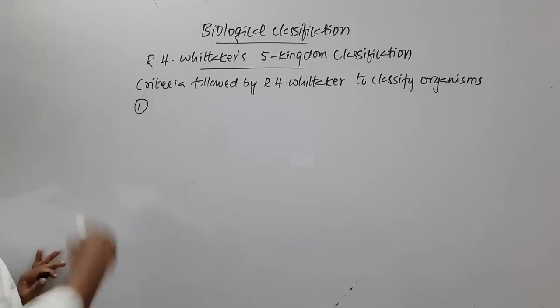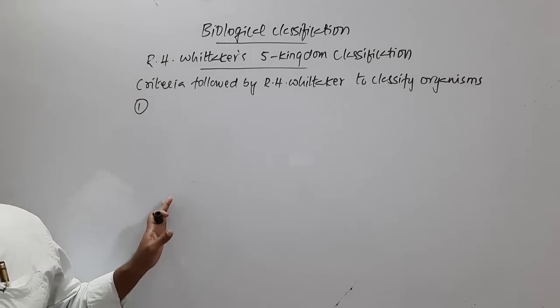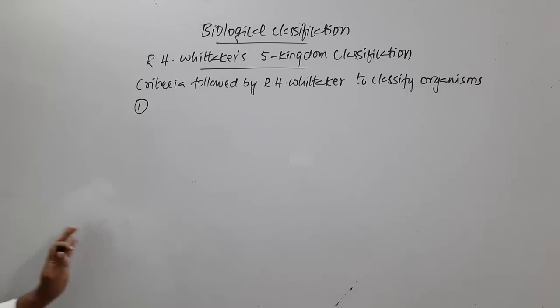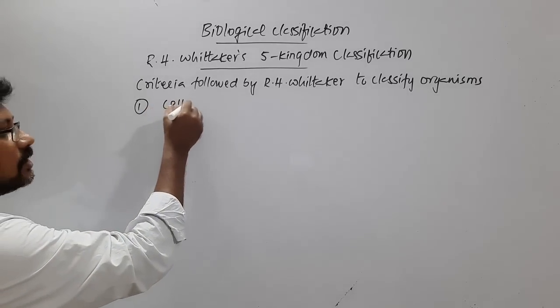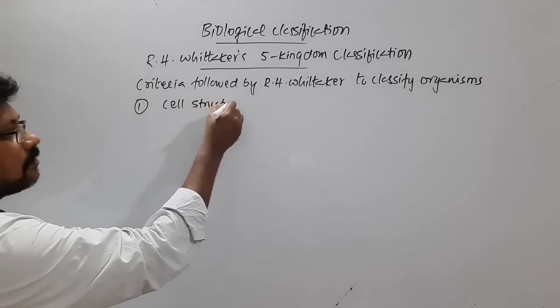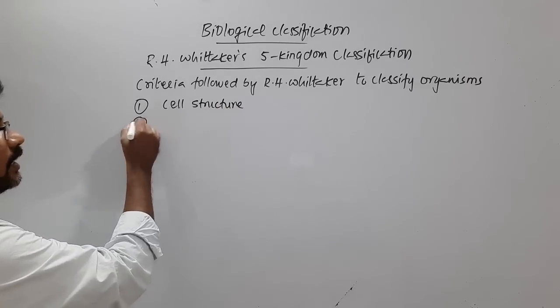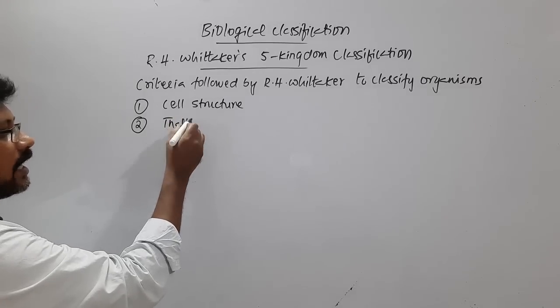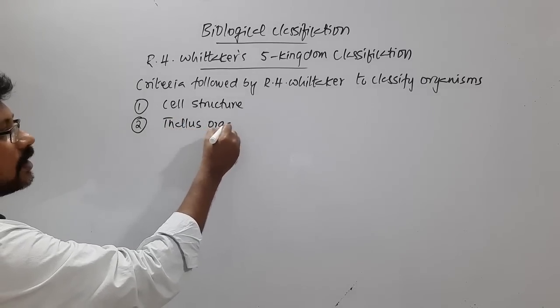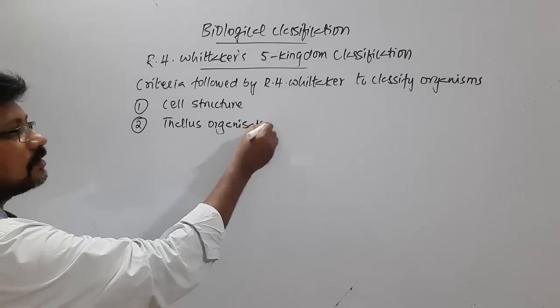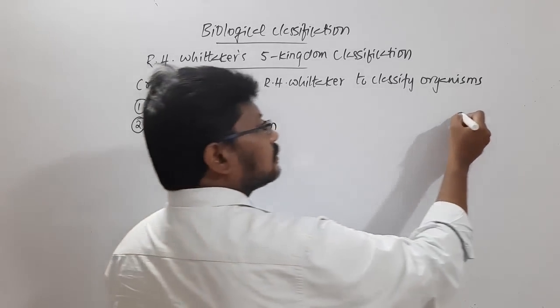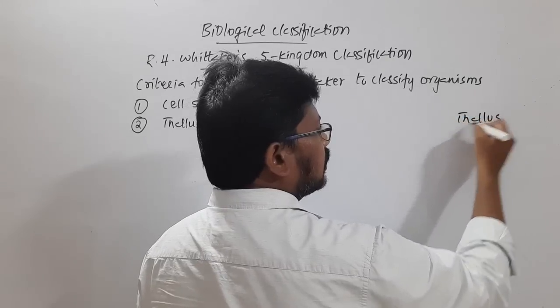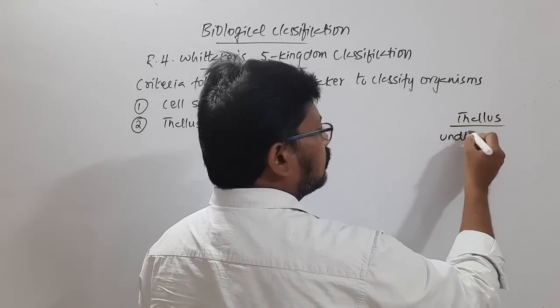What are all those criteria that he followed to classify the organisms? To classify those organisms, he considered cell structure of the organisms. Then he also considered thallus organization of the organisms. Here thallus means undifferentiated body.